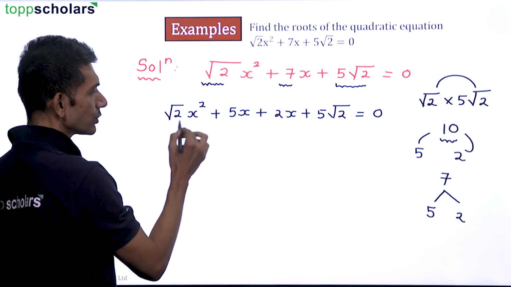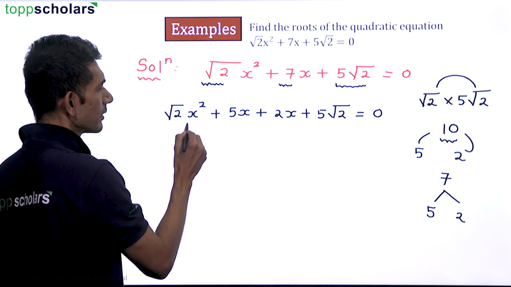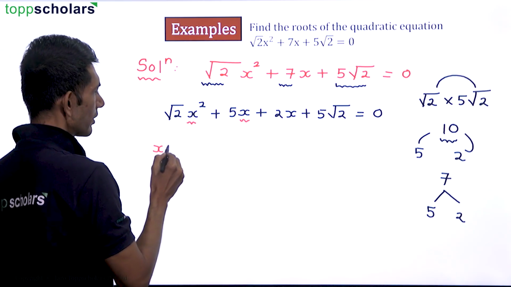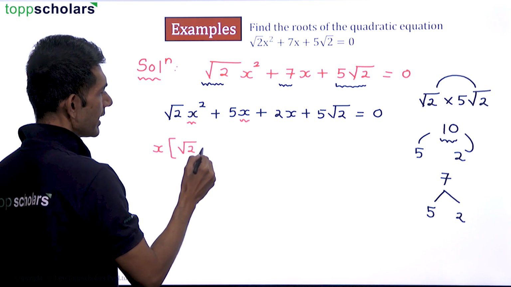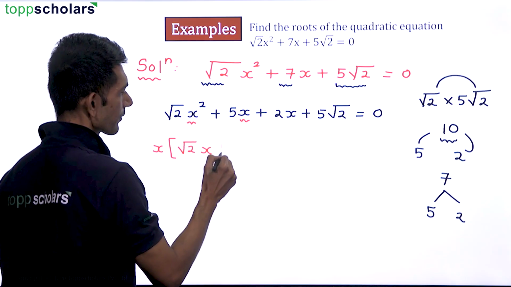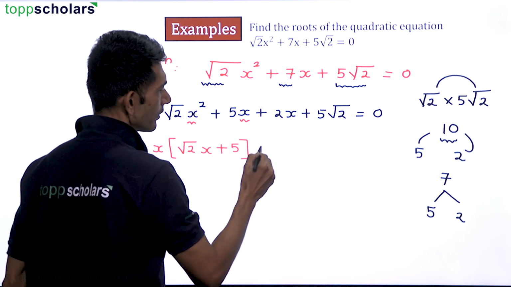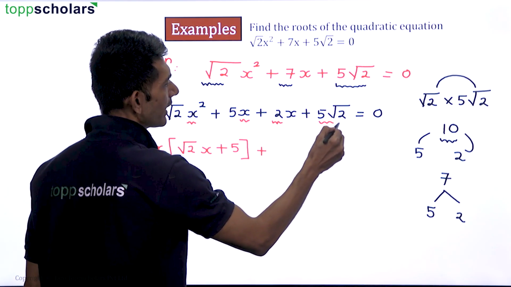Now if you see the first two terms, can I say only x is common? Here only x is common. So if I take x common, what will happen? I get root 2x plus 5.